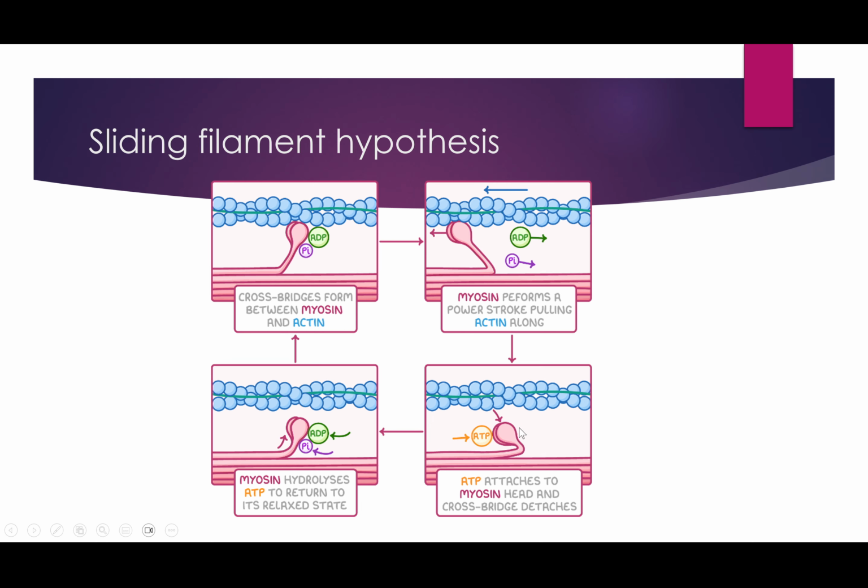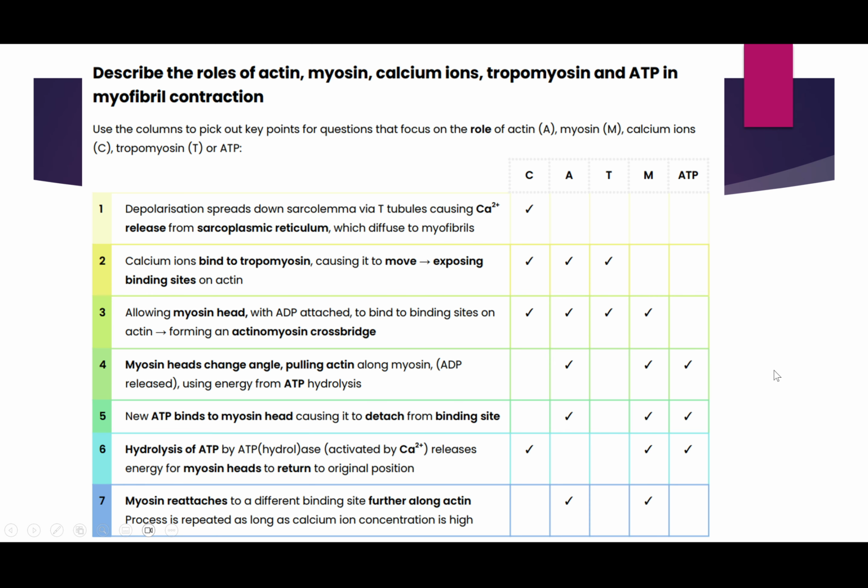Then ATP attaches to the myosin head, which causes the myosin head to detach from the actin. Then ATP hydrolyzes into ADP and Pi, and the energy released is used for the myosin head to tilt back to its original position. And then it binds to a new site on the actin further along, and this just continues until it stops contracting and the calcium ions go back.